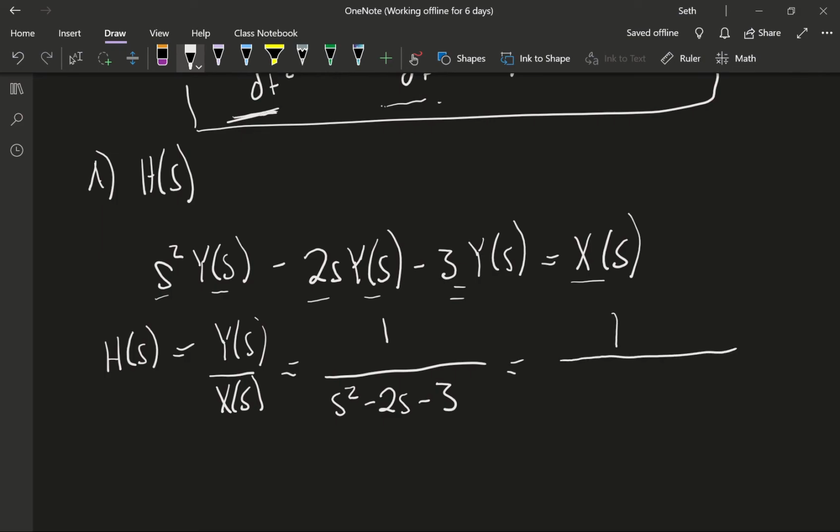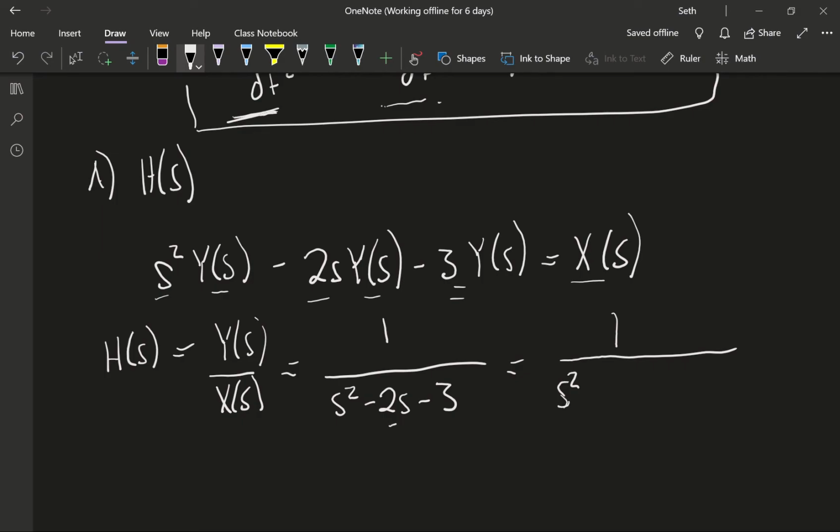Here comes the fun algebra. Hopefully you guys are all still proficient in factoring. It doesn't matter what way you do this, whatever way you find convenient. This one's pretty easy to factor. We can rewrite this.